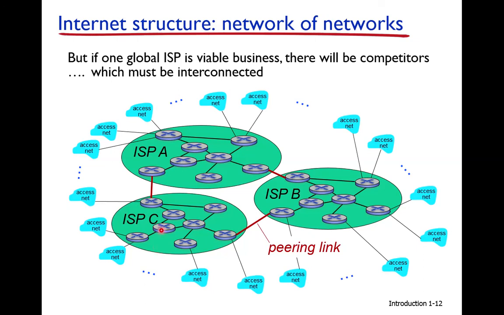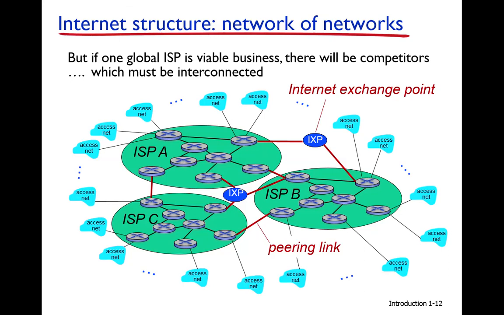Maybe they have an agreement based on data. For example, if ISP A forwards the data of ISP C to the user, it will charge 1 rupee per 1 MB. Similarly, ISP C will also charge ISP A to move its data to the access network connected to ISP C. So they have agreements and they are connected with each other. Okay, so this is one possibility.